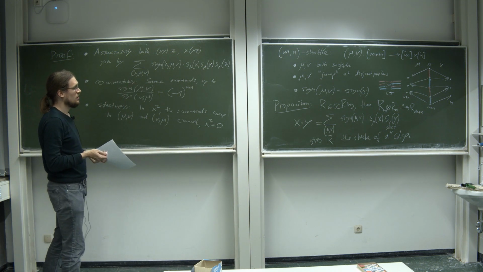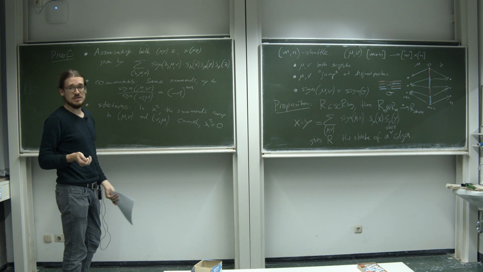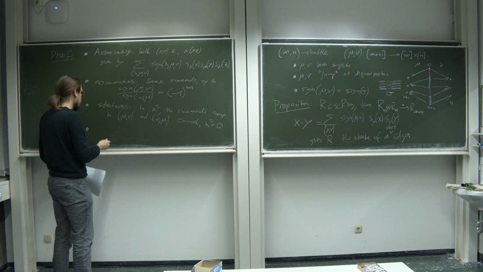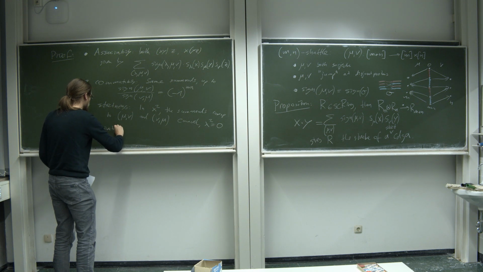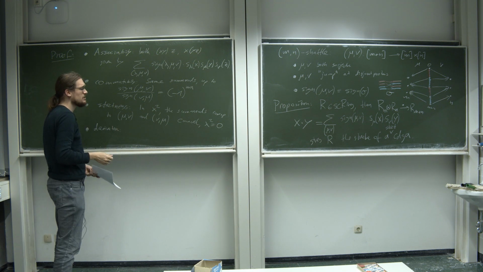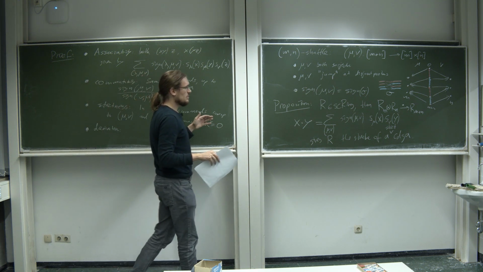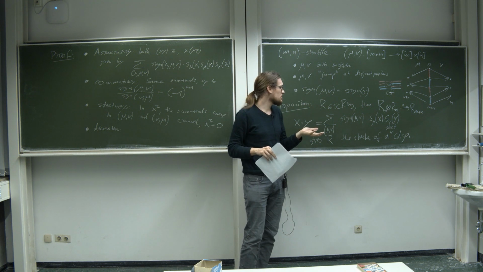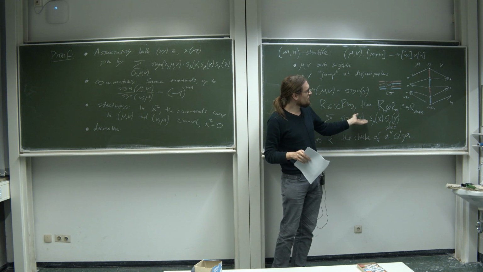Finally, to get a CDGA, we also have to work out how this interacts with the differential, right? We have to show that the differential is a derivation. And let me not go into this in too much detail, but the idea is that the differential is somehow given by this alternating sum of the boundary maps. What a boundary map does is that it somehow forgets one of the indices.